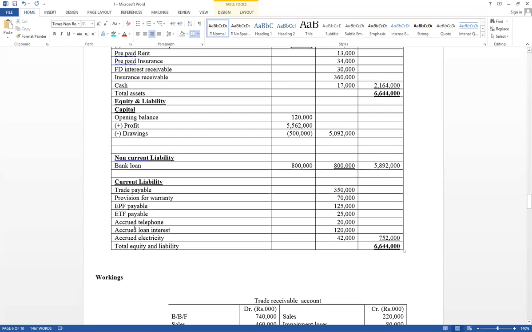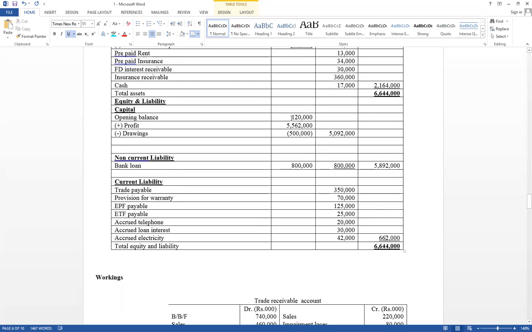And accrual loan interest equals 40. Accrual loan interest, this value equals 30. The trial balance has given 90,000 paid in cash. Therefore, here 662.